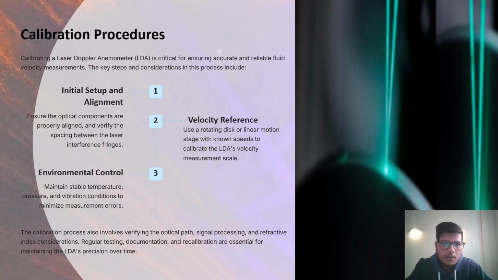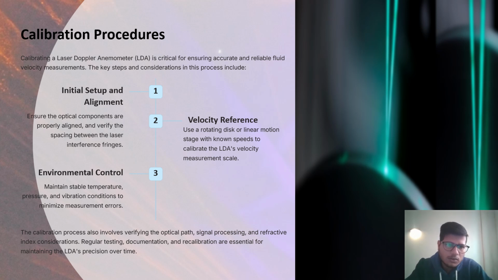And the calibration procedure. Calibrating the laser Doppler anemometer is very critical to ensure our results are accurate, so we should follow some key steps: initial setup and alignment, velocity reference, and environmental control.